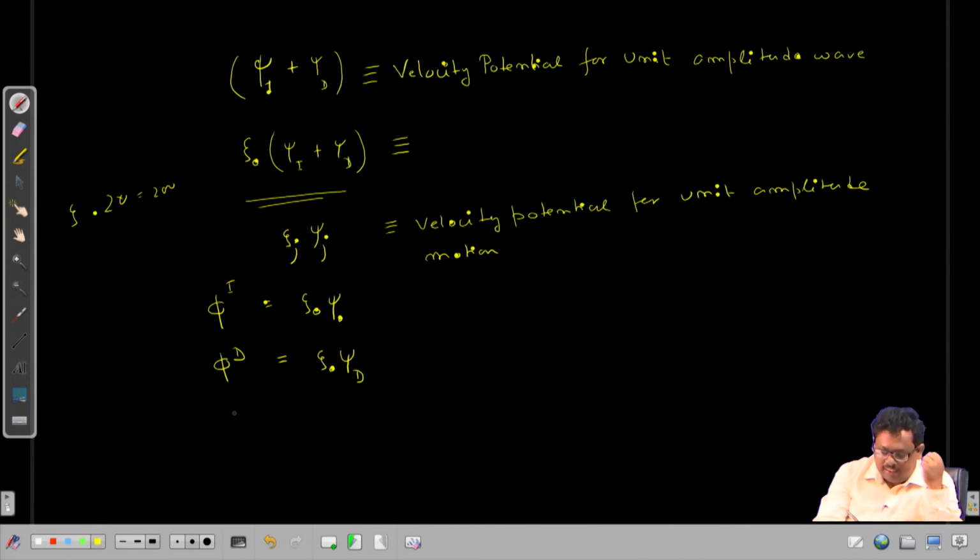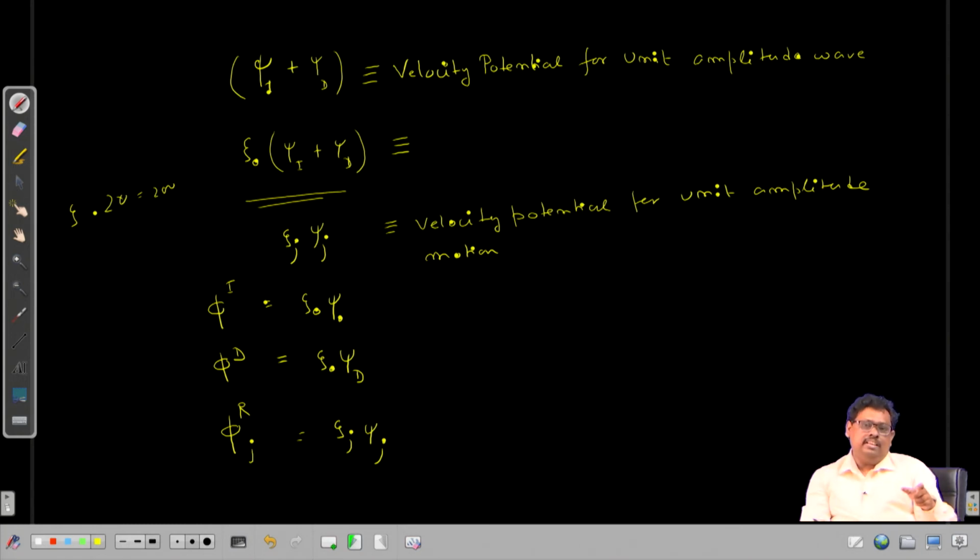And similarly, I can write my radiation potential phi r in the jth mode is equal to xi j into psi j, where psi j is nothing but the radiation potential for unit amplitude motion.